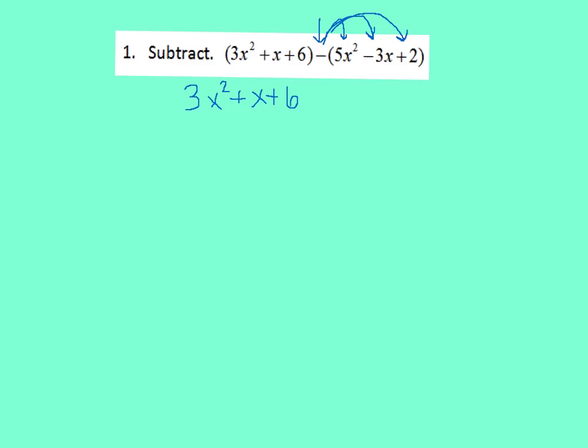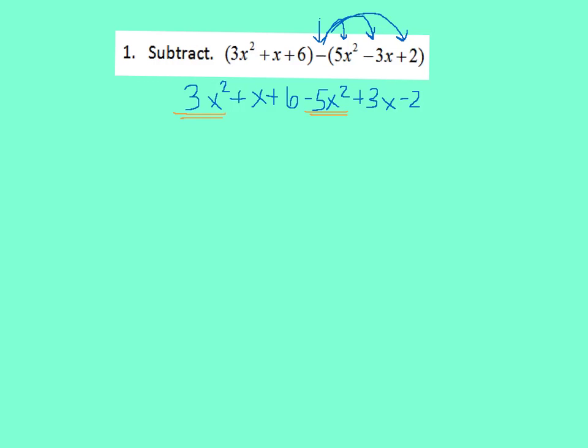My positive 5x squared that I had here now becomes negative 5x squared. My negative 3x now becomes positive 3x. And my positive 2 now becomes negative 2. Now at this point in time, all I'm doing is combining my like terms. So I see that I have 3x squared minus 5x squared.